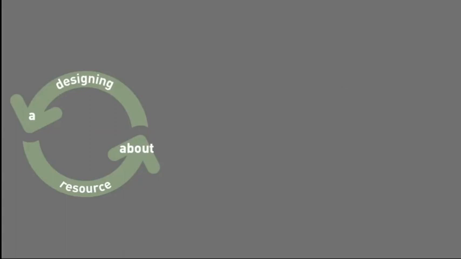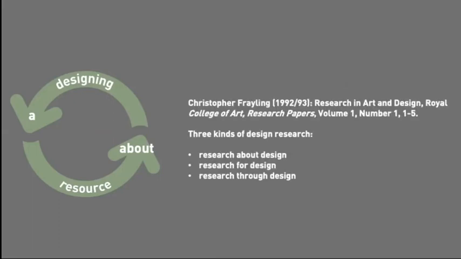But looking at this word about, I had to think about a categorization of design research that was proposed almost 20 years ago by Christopher Frayling in an article titled Research in Art and Design. Again, maybe some of you are familiar with this. This is one of the more frequently cited pieces of literature in the context of design research.